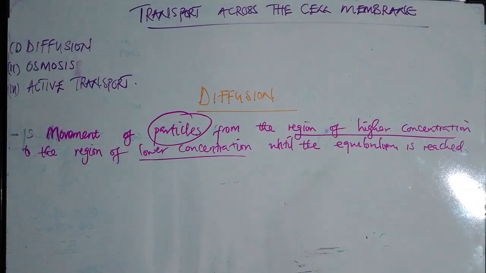So diffusion, you can imagine, for example, you have bought a new perfume and you have sprayed yourself with that perfume. So meaning that perfume on your body has what? A higher concentration. Wherever you go, that perfume will start diffusing into the surrounding where the concentration is low.